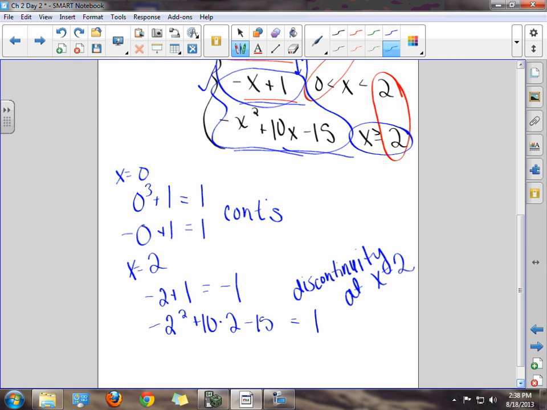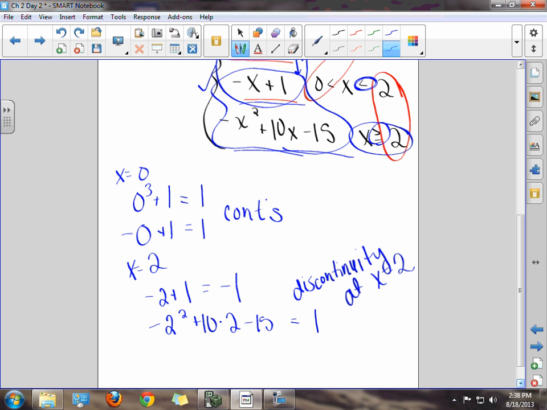So now I want to see where my inequality symbol lies. I'm less than on this middle piece. So that means as I'm coming from the left, I am not including 2 on that piece of my graph. As I'm coming from the right, because of the greater than or equal to, I'm including 2 on that.